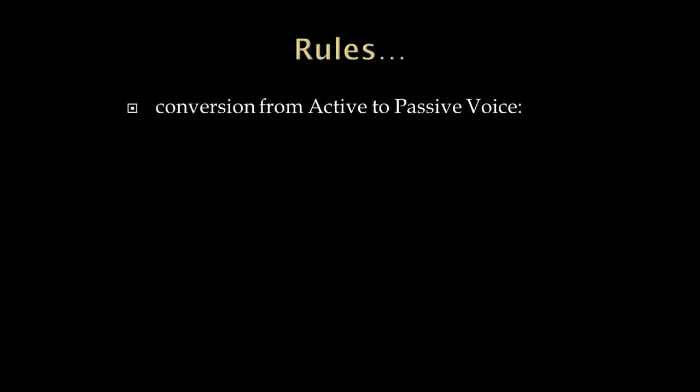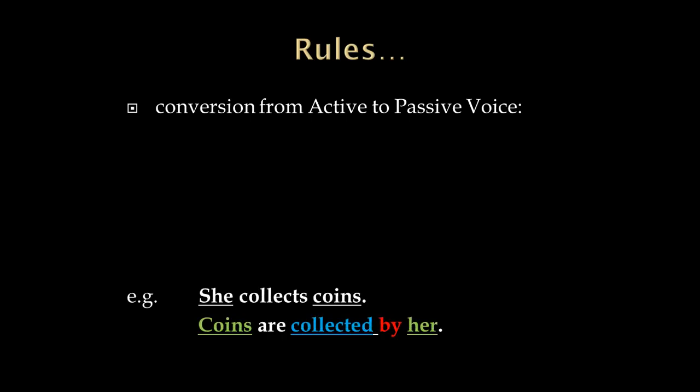We have different rules of conversion from active to passive. Let's discuss the general rules first. Look at this example. She collects coins, and this sentence is now converted into passive voice, like coins are collected by her. You will notice certain changes that have taken place in this sentence while we converted it into passive voice.